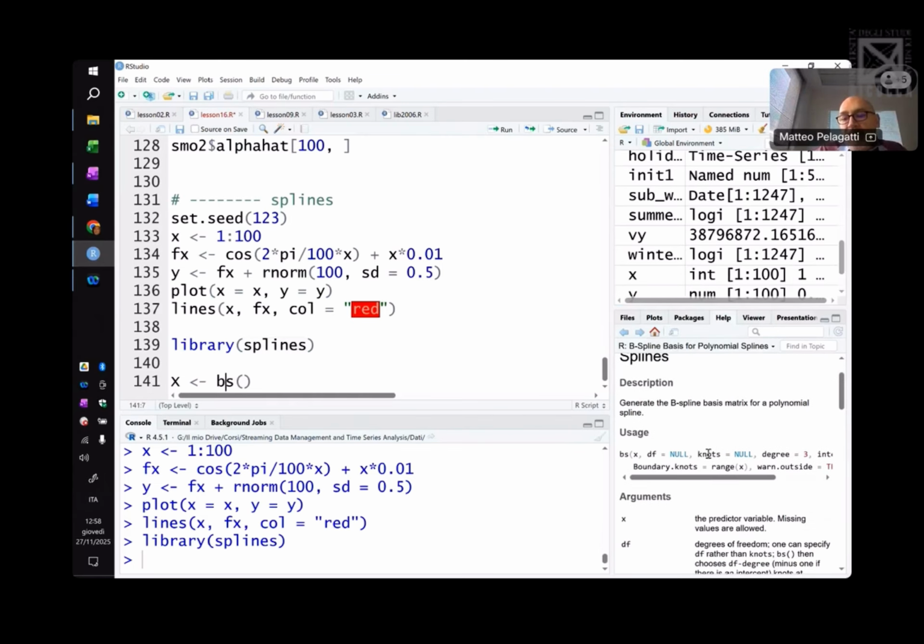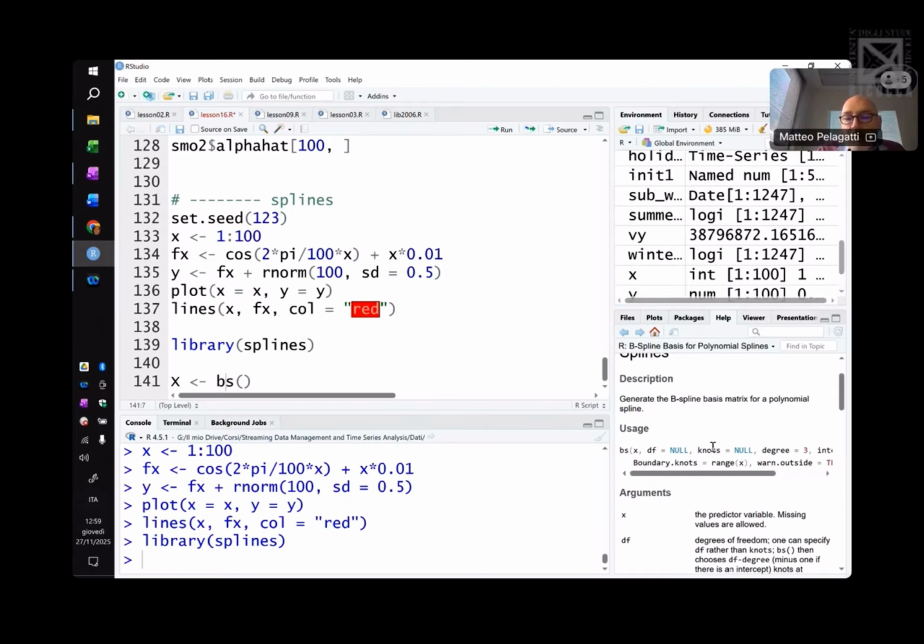You can either decide where to place the nodes, so we could place some nodes in specific points, of course, between 1 and 100. The degree by default is 3, meaning the degree of the polynomials we're fitting, so usually we use cubic splines.